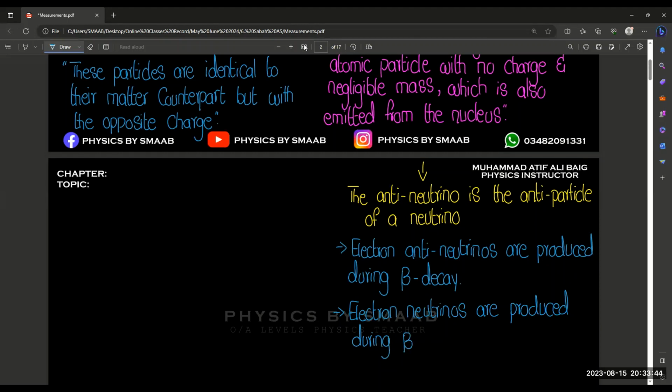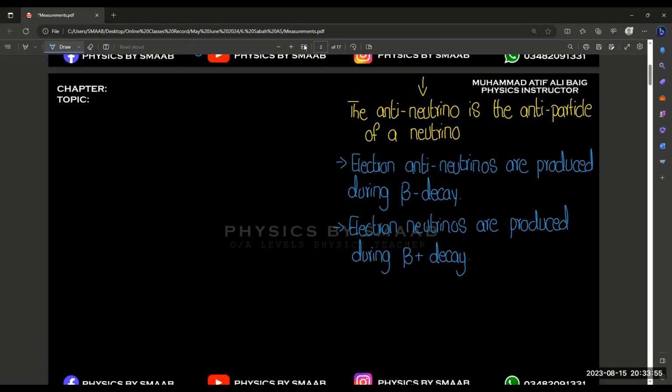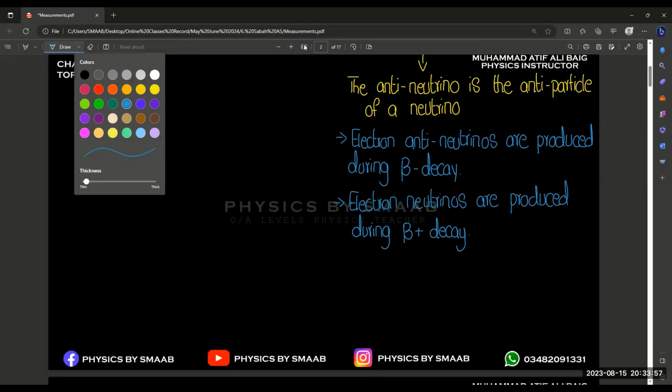So this is the concept, right? And now if we talk about their symbols, their symbols will be like this.